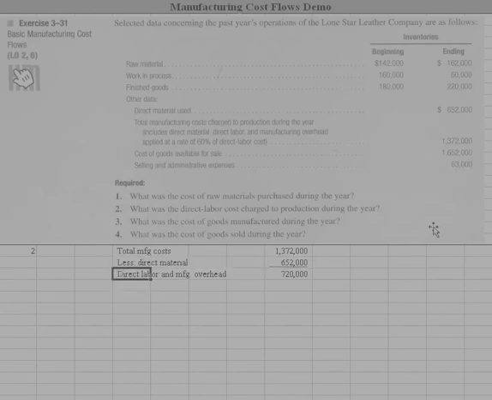Now, what does that 720,000 represent? It represents direct labor and manufacturing overhead. Let me say that another way: manufacturing overhead represents 60% of direct labor. So we know that that 720 really is equal to 160% of direct labor.